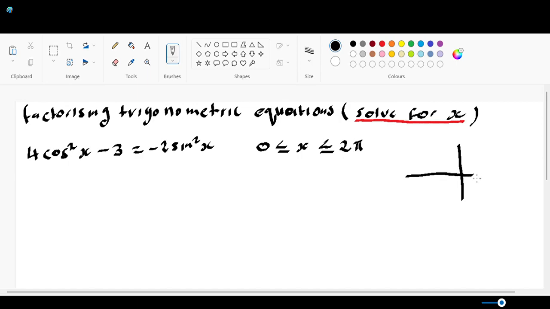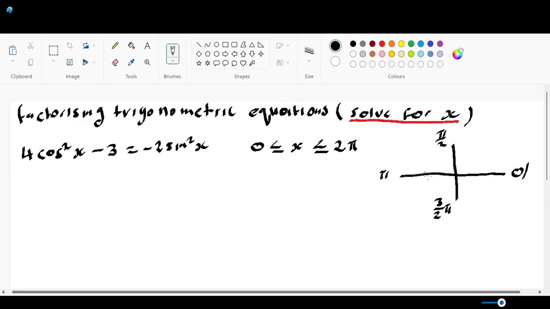We have 0, this is going to be half pi, that is pi, this one here is 3 over 2 pi, and the last one is going to be 2 pi.